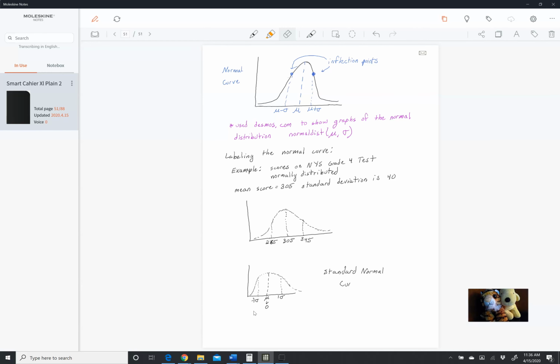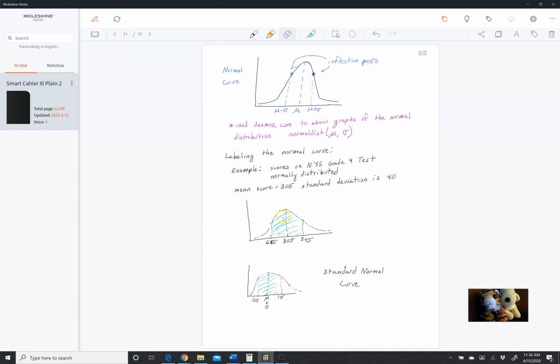And the reason why I mention this is because there are a lot of things that are uniform to every single curve, okay? For example, the percentage of the area under the curve is the same between one standard deviation below and one standard deviation above. So in other words, no matter what our curve looks like, the area, the amount of curve under here is the same, the percentage of the curve.